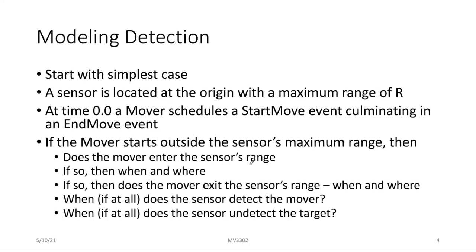On top of that, we have related questions, which we won't get into today, but we'll deal with shortly. When, if at all, does the sensor actually detect the mover? As you may guess, the mover in question is going to be the target. That's something the sensor is trying to detect. And then at some point, when does it undetect the target?